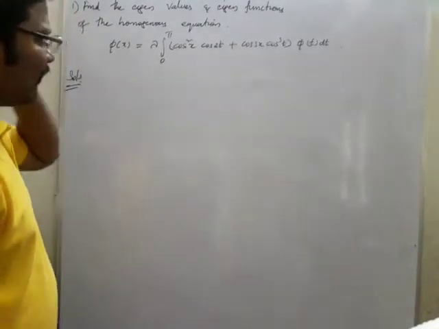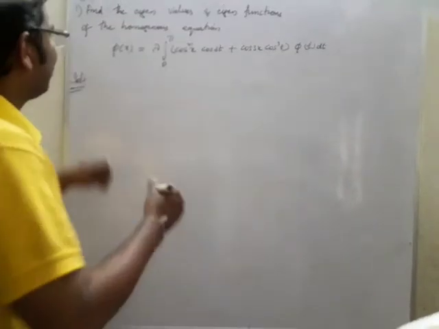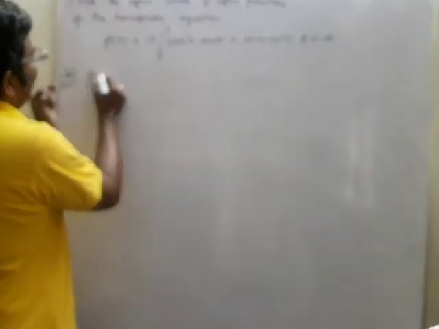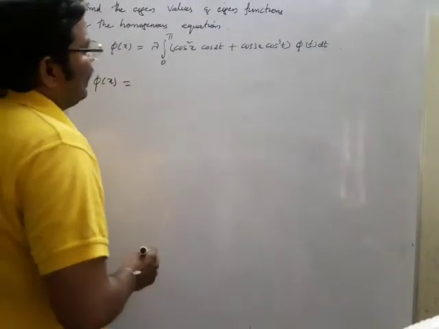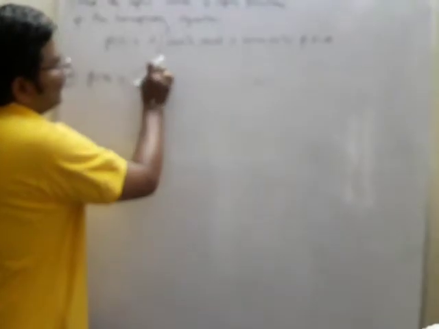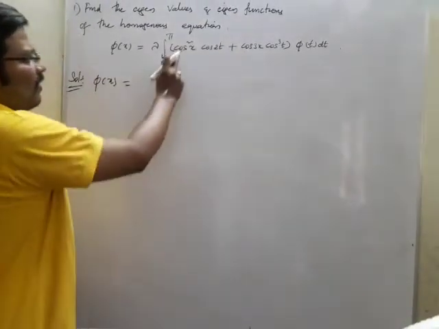Now first of all we'll try to solve this one in this manner. Given, I may write phi of x is equal to, I'll shift the integral 0 to pi inside, and the cos square x I'll take outside because it is in x term.